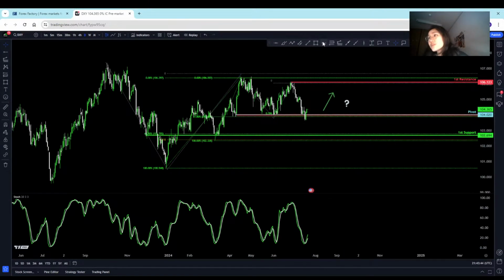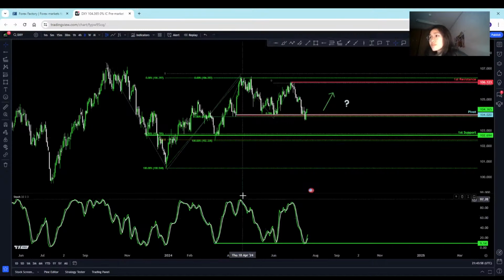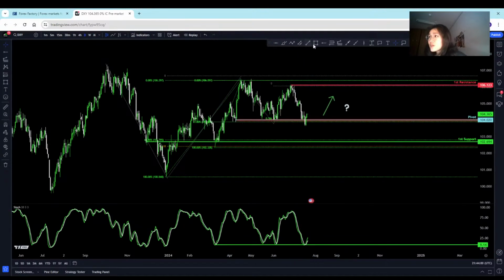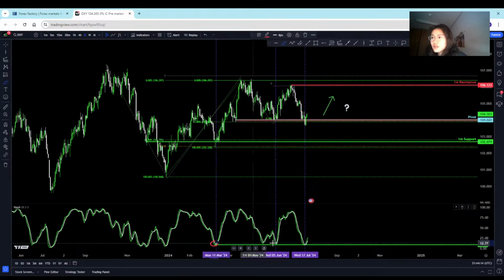Okay, stochastic, we can see prices recently rebounding off of this hidden resistance level. Or rather hidden support. So what exactly is hidden support? It is when price makes a higher low at all of these levels that I've pointed out.